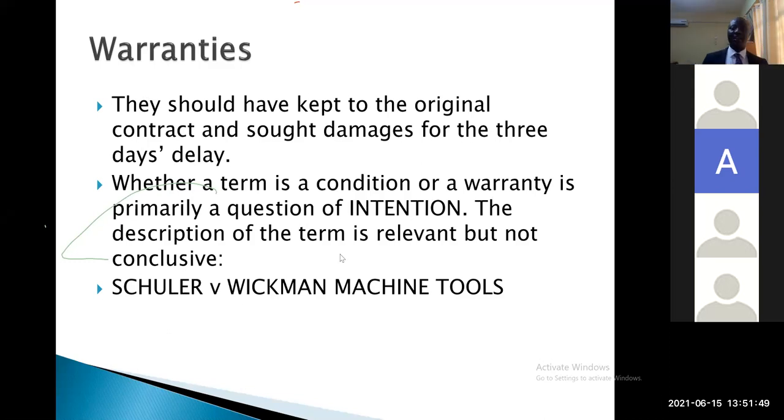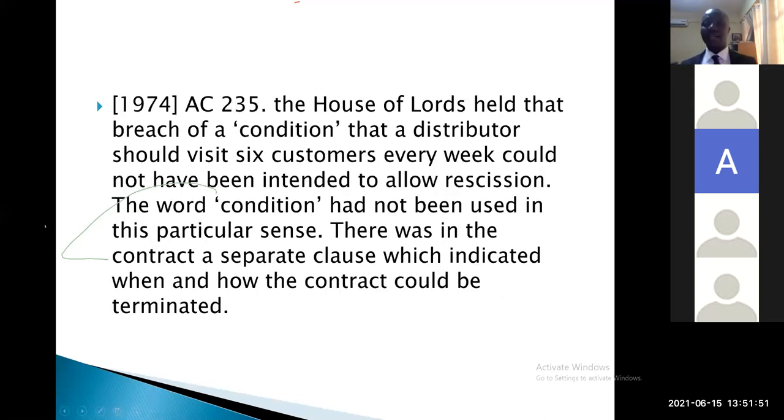Yeah, so in Schuler v Wickman, in the relevant contract, there was a condition. I mean, we put condition in quotes. That is the description the parties were giving to that particular provision, and that was that a distributor was supposed to visit sales customers every week.